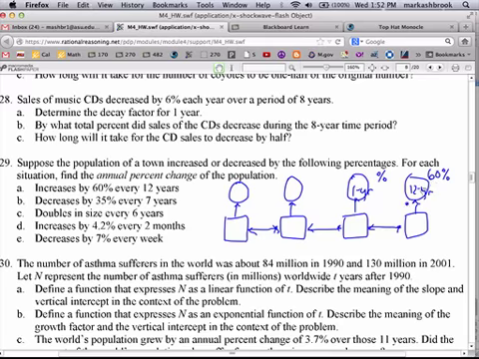We can't. So what route are we going to take to get from this 12-year percent increase to the 1 year percent increase? We're going to get the 12-year growth factor, and from that we're going to get the 1 year growth factor, and from that we can get the 1 year percent change.